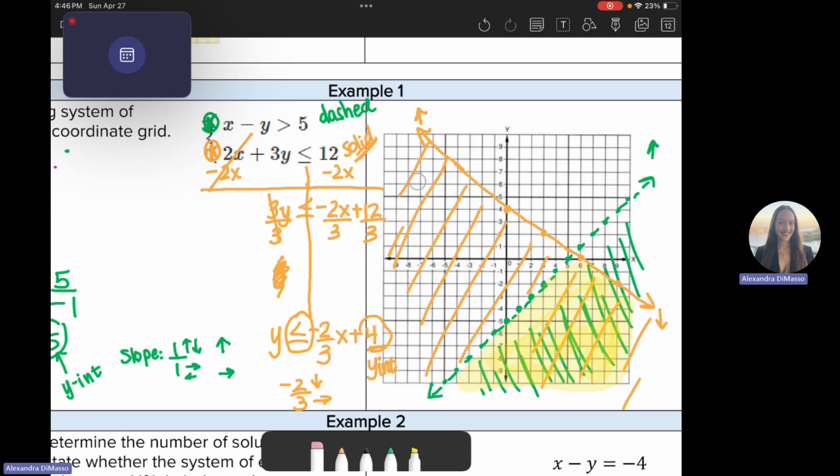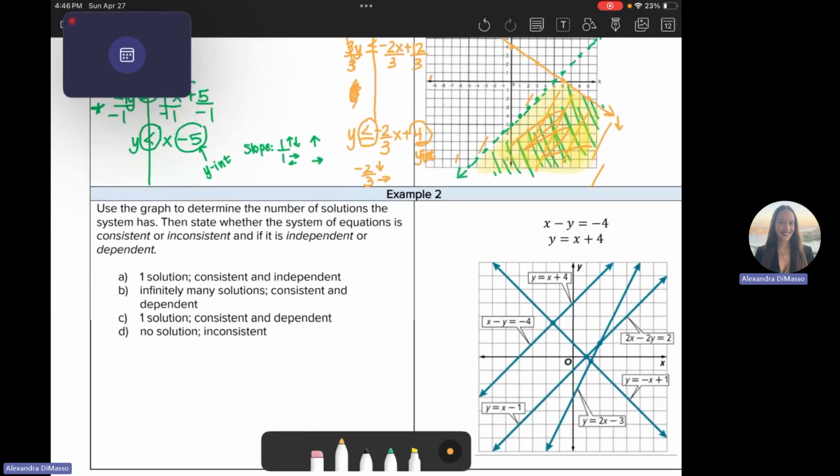So everywhere else that I have shaded in, I'm going to get rid of because that is not where the solution is. The solution is only where they overlap. So my final answer, this would be my graph right here, my dashed line, my solid line, and then where the two intersect is my final answer. So any point that is within this highlighted section would be a potential answer.